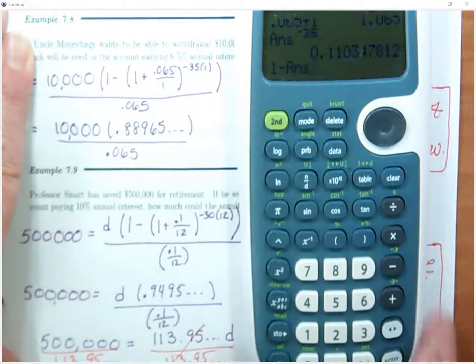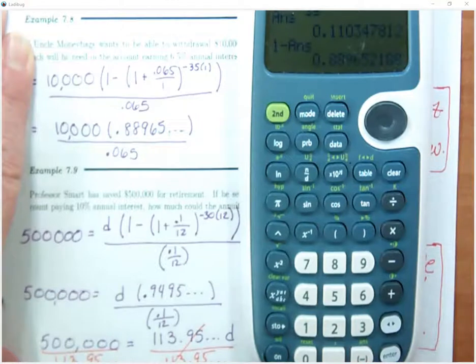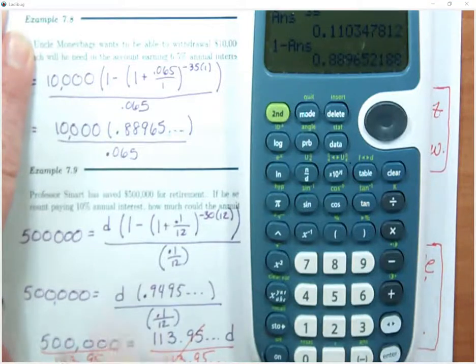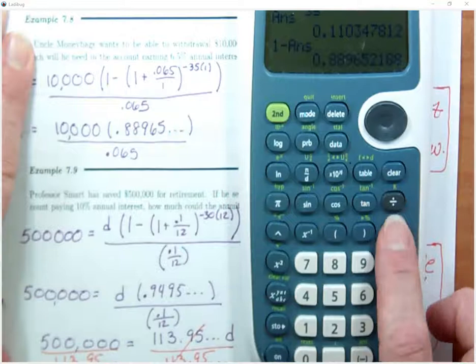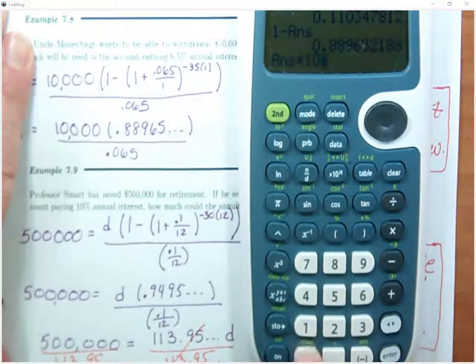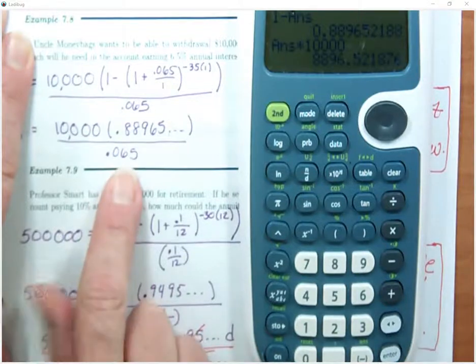I'm going to click down the bottom, the answer key down here. Anything in green, you have to hit that second key first. So then I get 0.889, and so on. And now all that times the 10,000. And then I want to divide by 0.065.